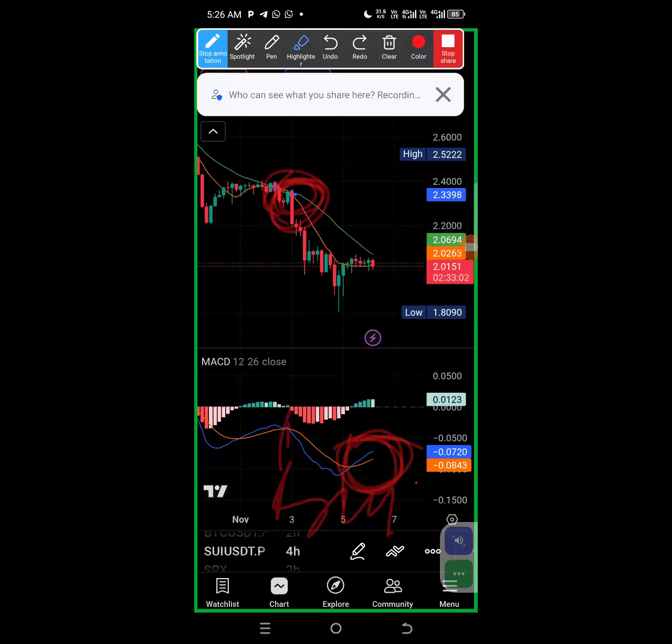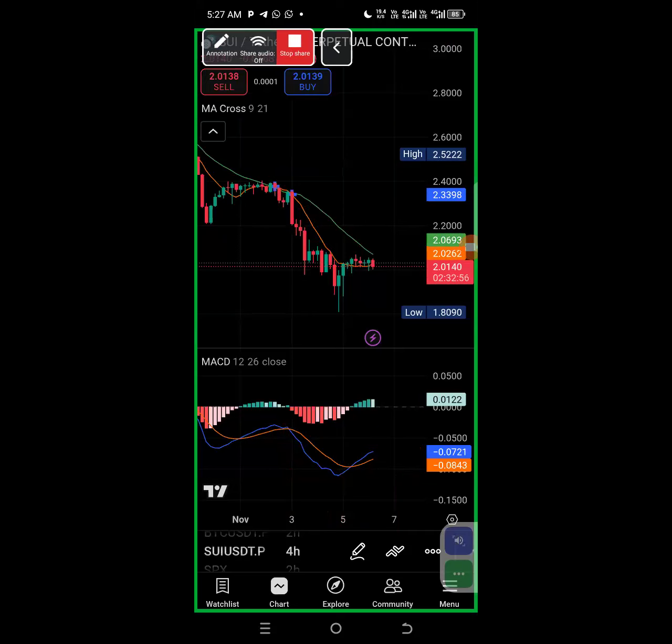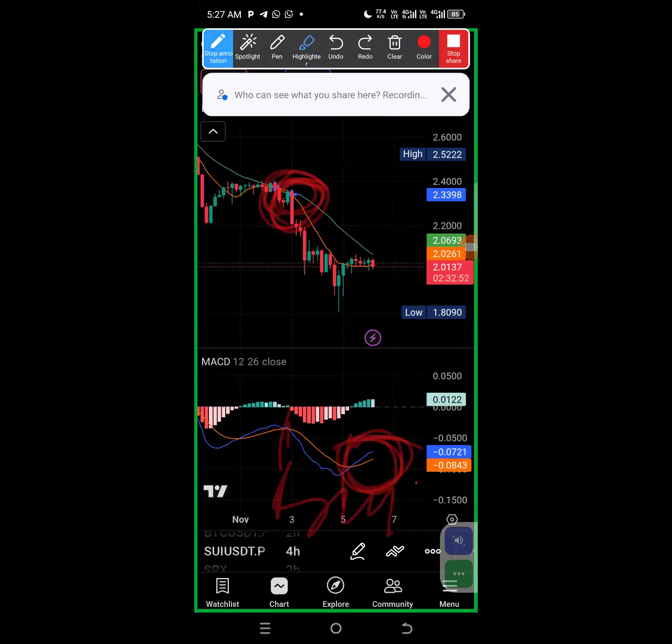On the 4 hour time frame, the language is not the same, right? Though this is a downtrend, there has been a crossover here, which is indicating an uptrend. And that is the reason why you would need to wait to observe.